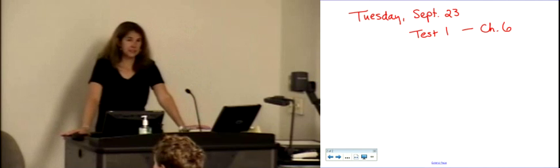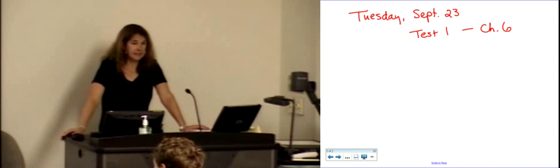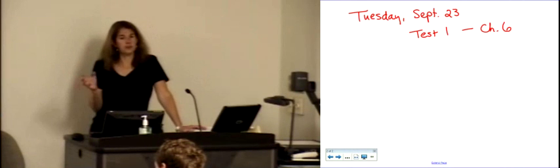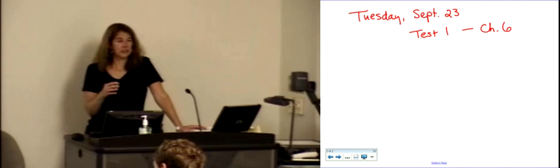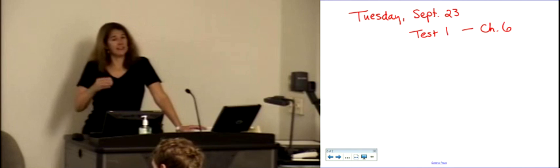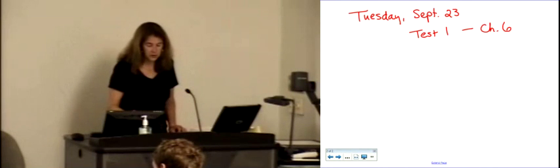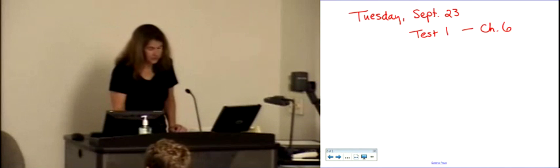Then we went into 6.4 and started looking at the graphs of the sine and the cosine. We got the graphs of both plotted and looked at their domains and ranges. We verified which one's even, which one's odd. So we're going to look back at that a little bit today too.